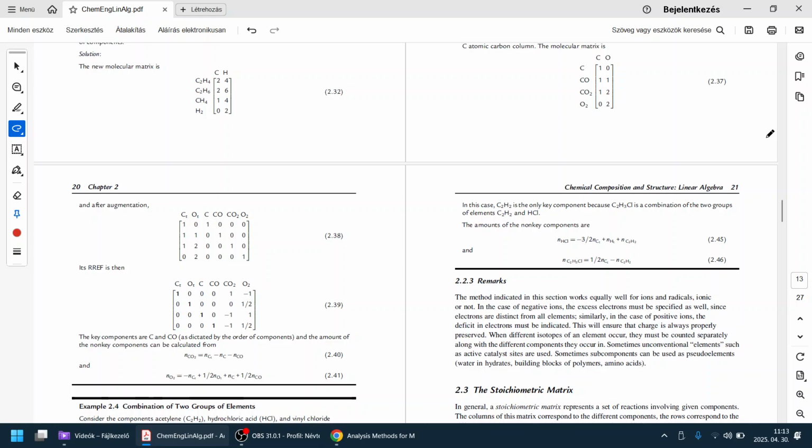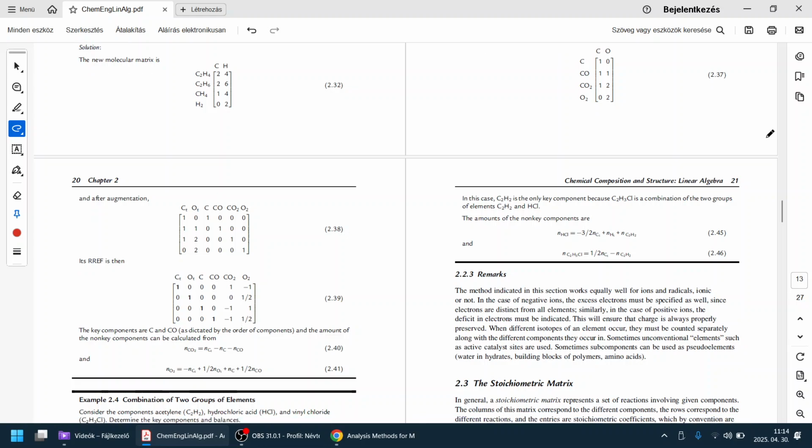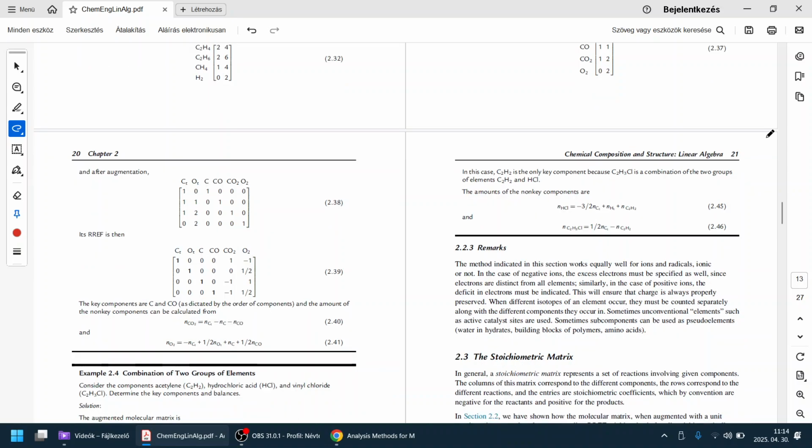Here. So I have this. It simply states what the coefficient of each substance needs to be. I don't really get it. That's okay.